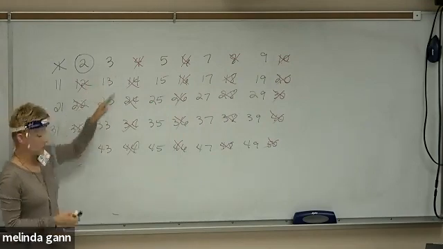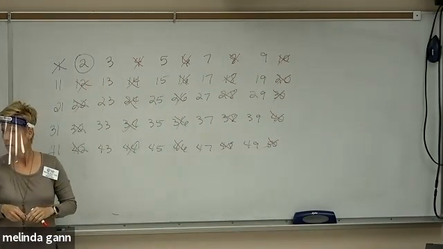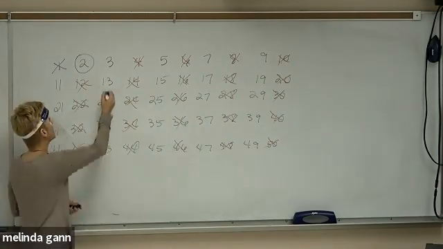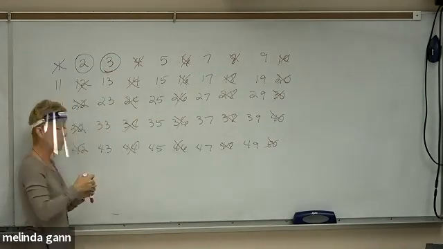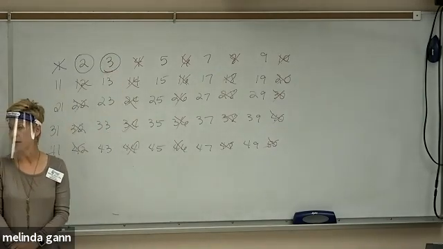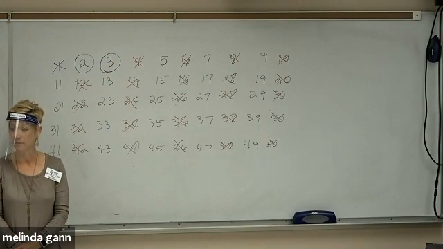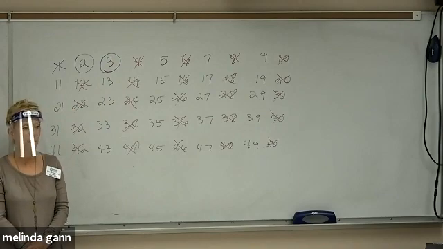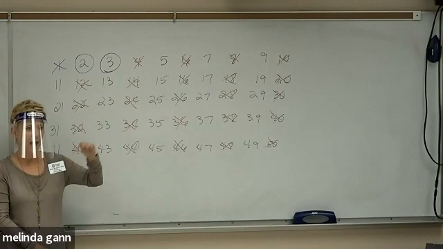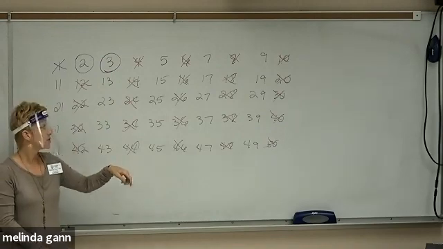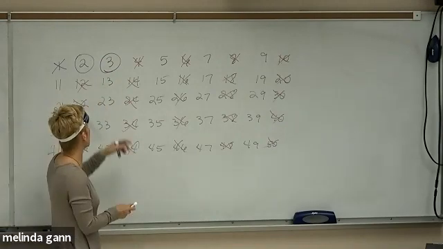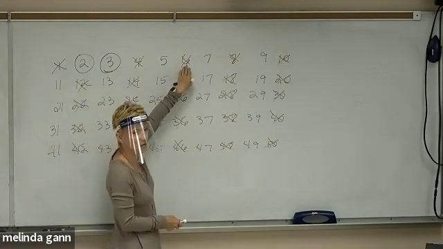Now, 3 is prime. So what do I do with prime numbers? I circle them. But what about all the multiples of 3? Would they be prime? No, because if it's a multiple, that means that 3 is a factor of it. So all the multiples of 3 are going to get crossed out. Well, 3 times 2 is 6. It's already crossed out.